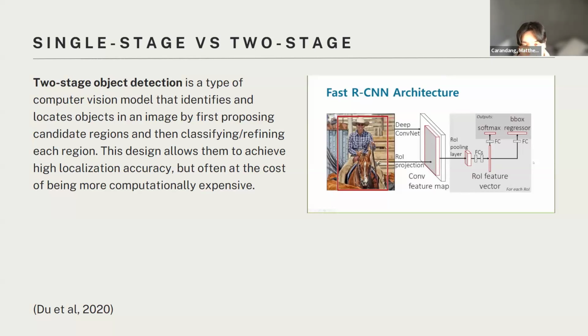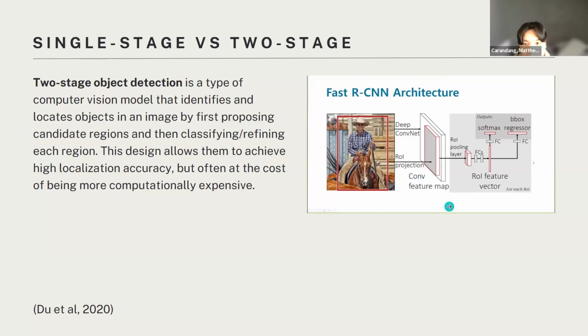Two-stage object detectors take the features and still go through another network where the regions of interest are projected, and from there the predictions are made.